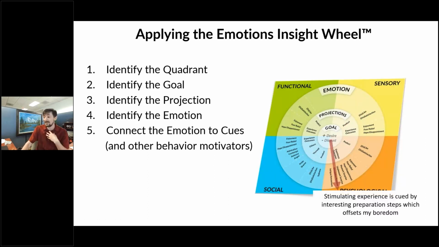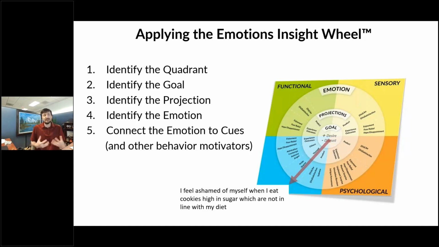Another one might be a very stimulating or intriguing experience is being cued by the interesting preparation steps, which offsets my boredom. So maybe I've developed an innovation where the process of using the product is really fascinating and stimulating. That's more of a psychological experience, and you can see you're connecting the cues and the desires and the concerns people have.